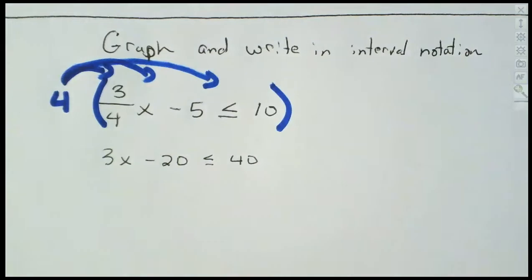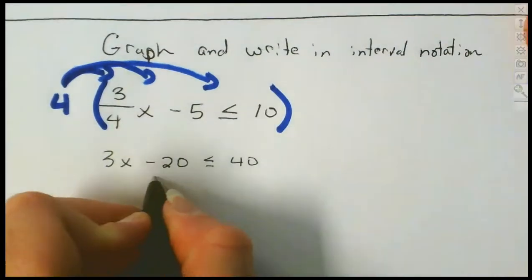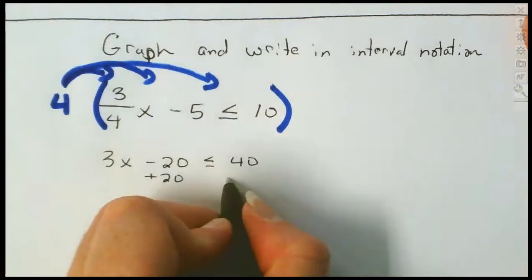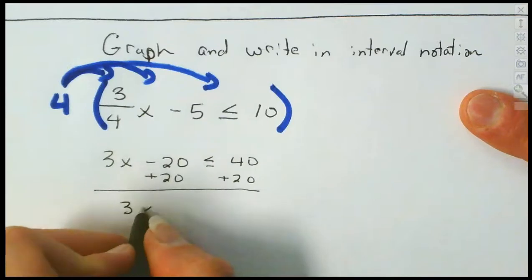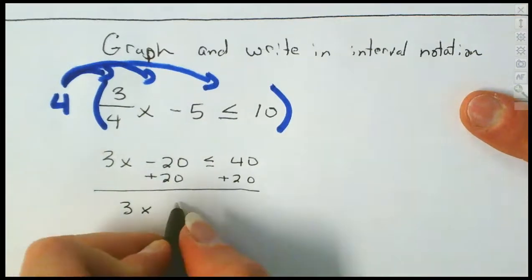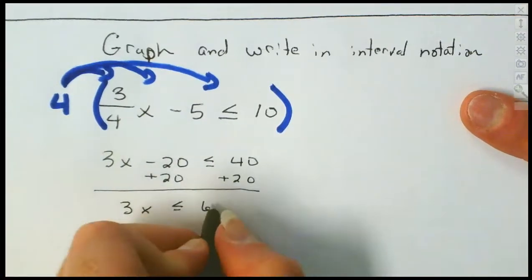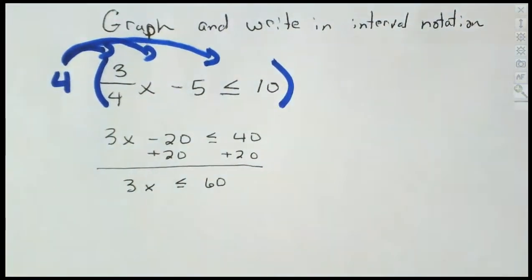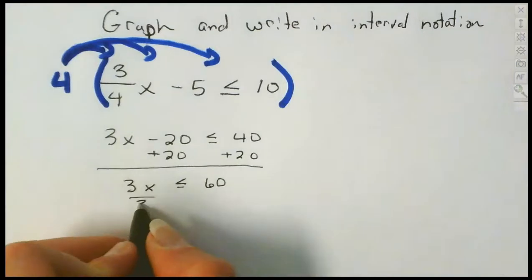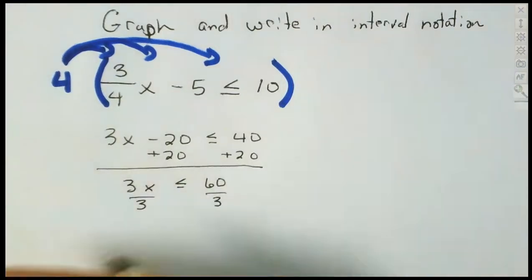Now we want to go ahead and finish this out. So we're going to add the 20. And we now have 3x is less than or equal to 60. Divide by our 3.